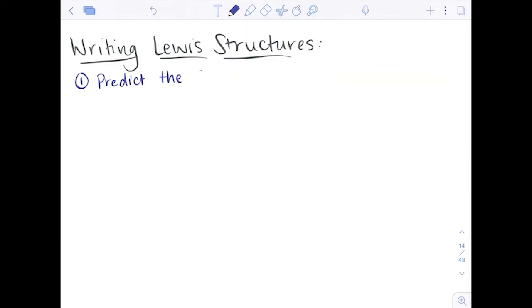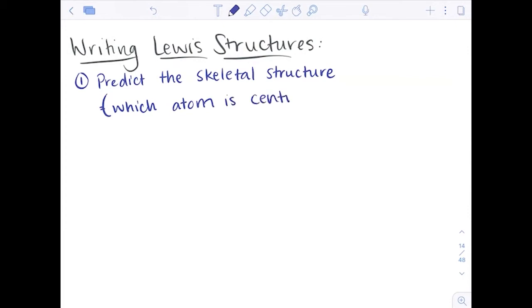So you will always be given the molecular formula, and you want to predict what is happening. The best question to ask yourself is, which atom goes in the middle? Which atom is the central atom? To answer that question, what we want to be able to say is, who makes the most number of bonds?